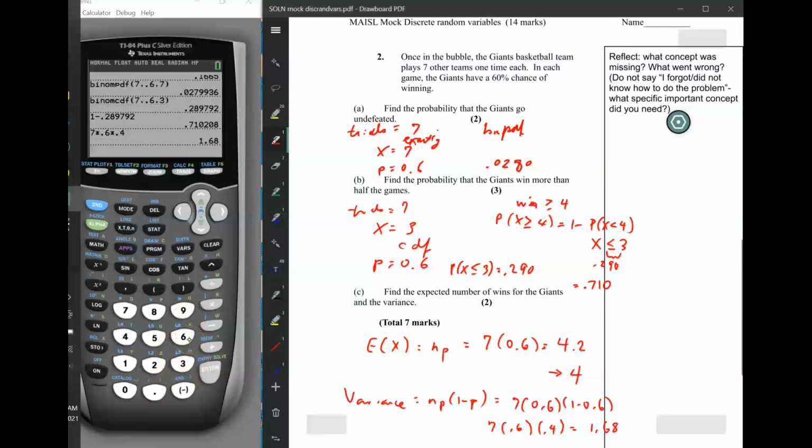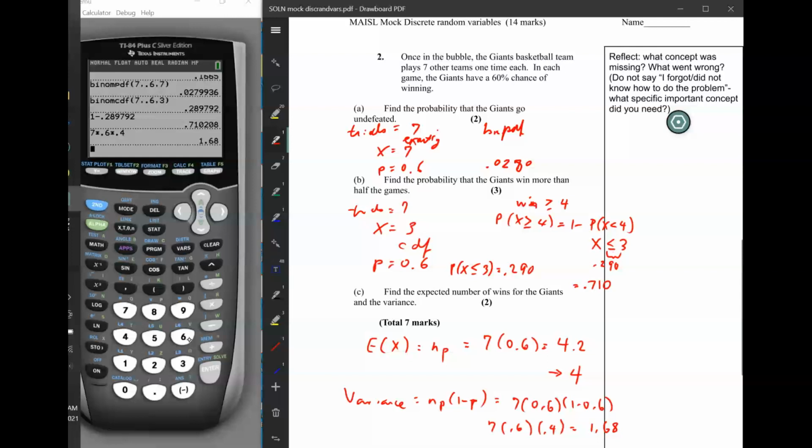And the variance is kind of like how close you would normally be to the expected value of 4.2 or 4 expected wins. So 1.68 is the variance.